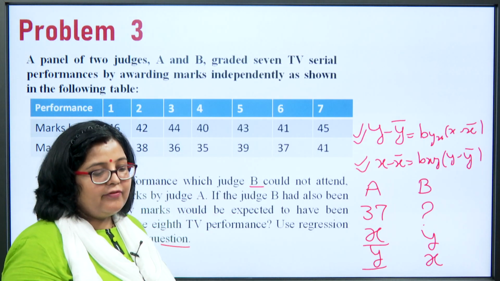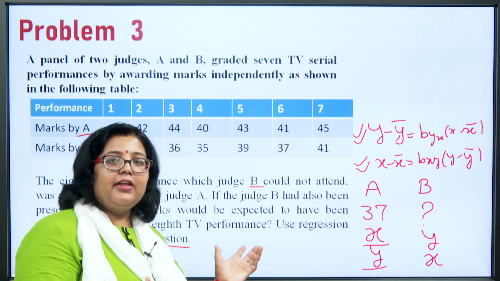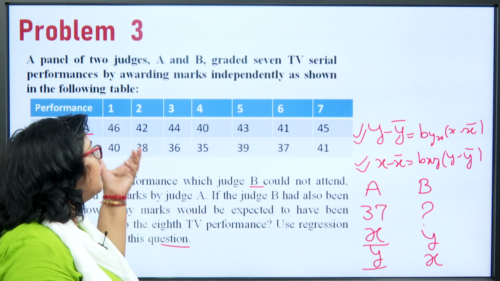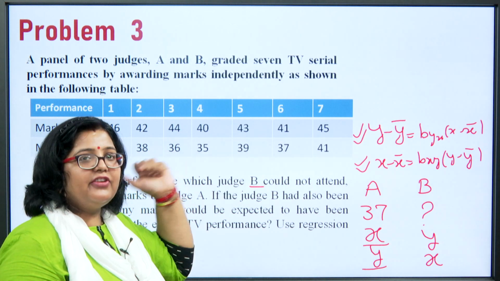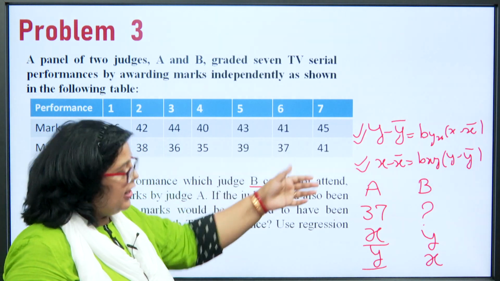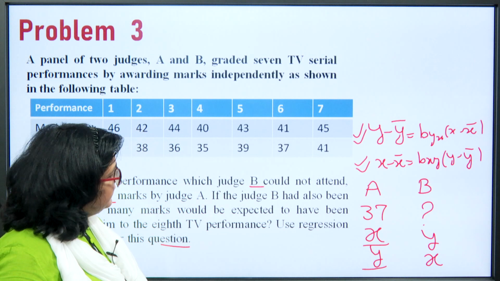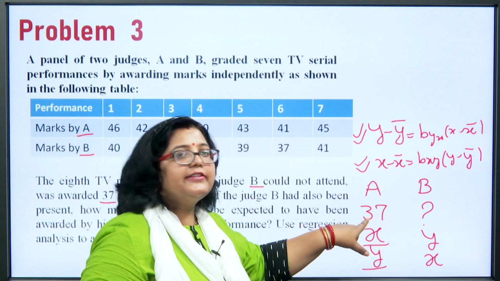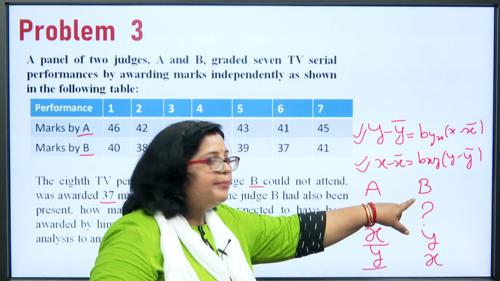In the last problem, we solve for when the value of a is given, what is the value of b. First solve for the lines of regression and find the corresponding values. When a is given, that is, a is independent, we find the value of b.